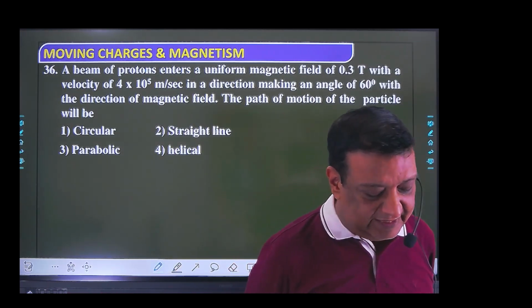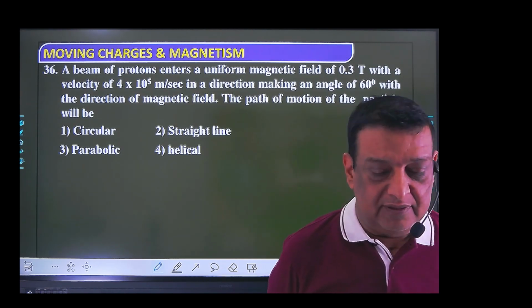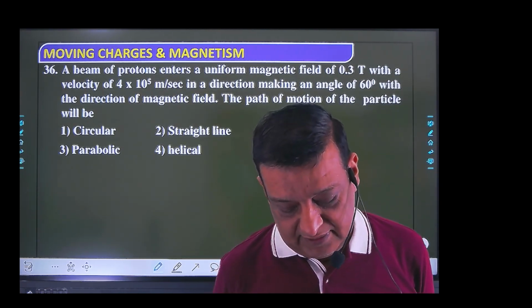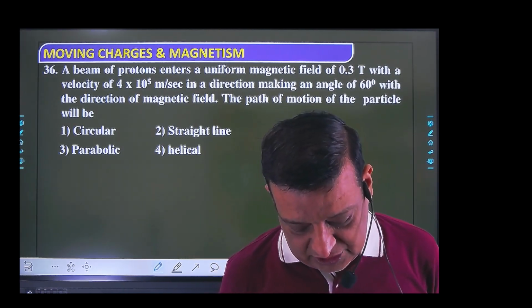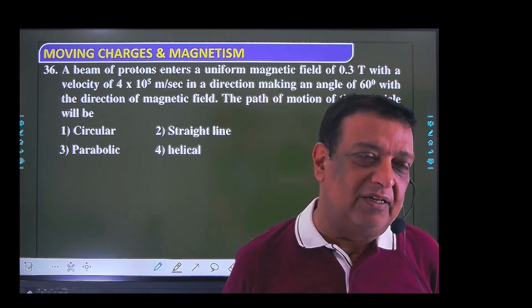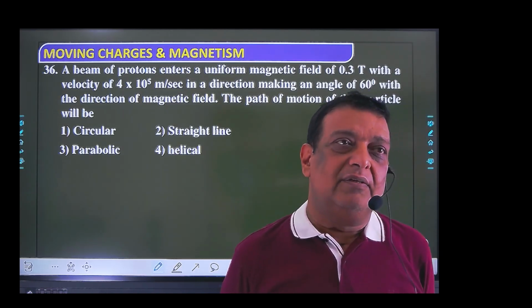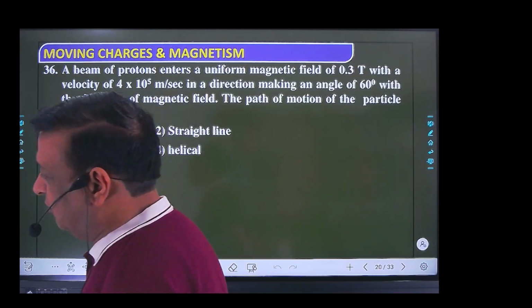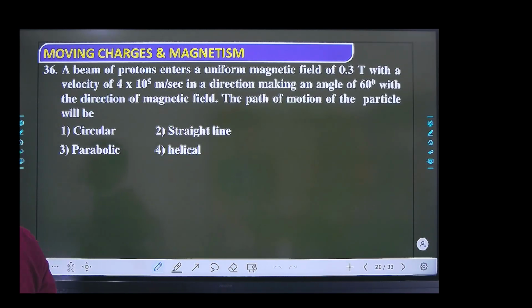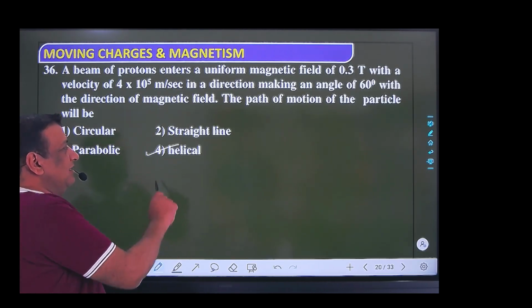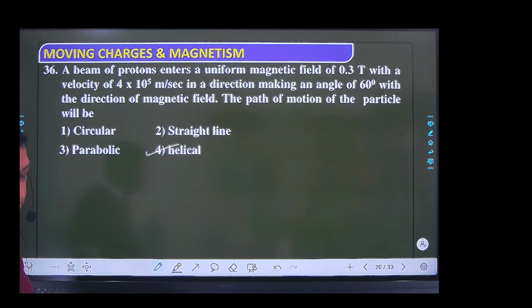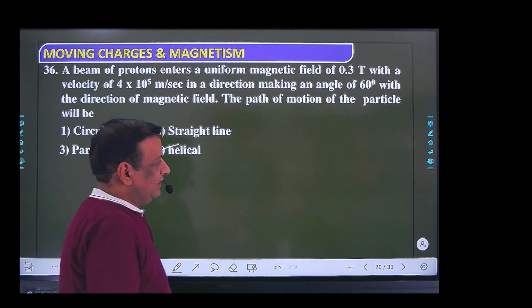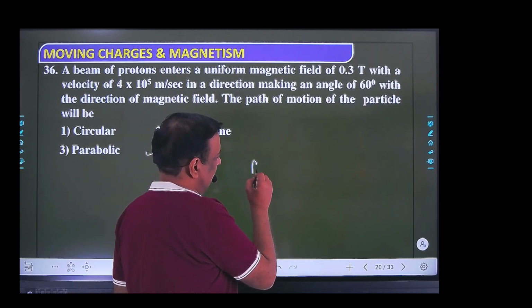If velocity and magnetic field are collinear then path followed is a straight line and if they are perpendicular path followed is circular. Collinear और perpendicular को छोड़ के कोई भी एंगल होगा तो path followed will be helical. So इस केस में भी helical ही आएगा because it makes an angle of 60 degree.